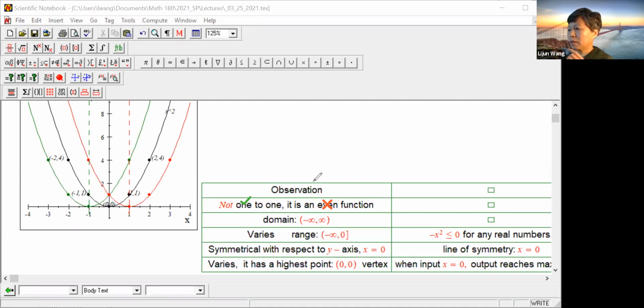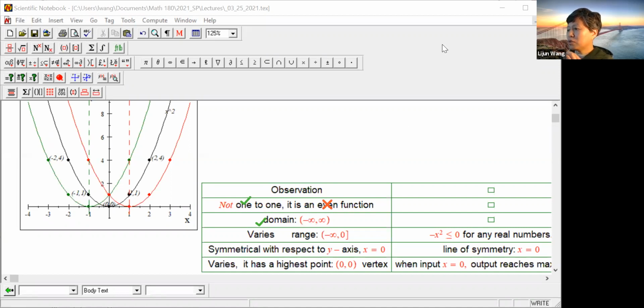Now, domain is still the same. How about range? Range certainly varies, right? I'm sorry, I need to remove that.